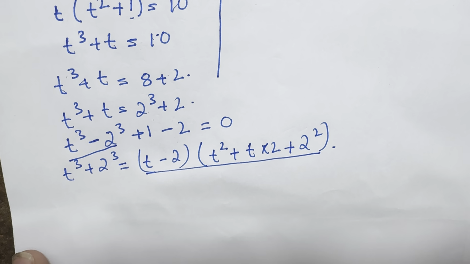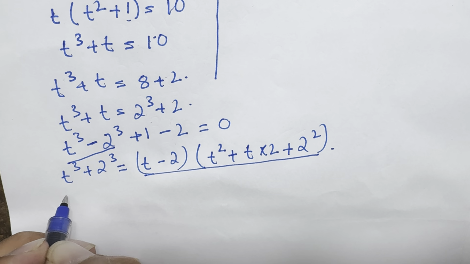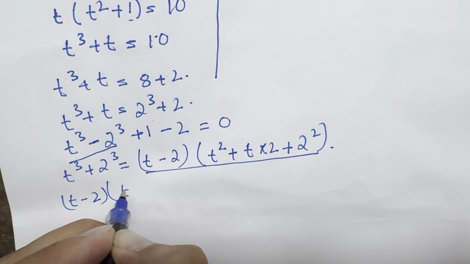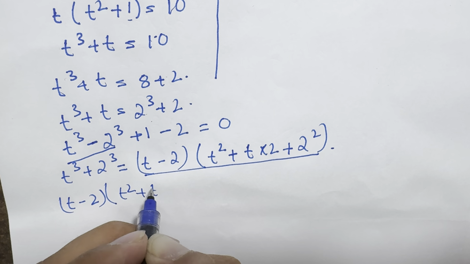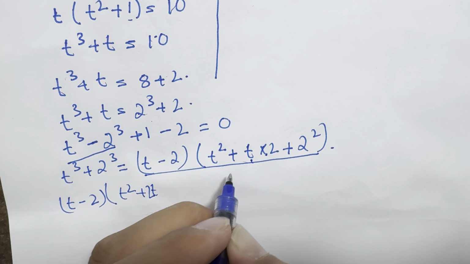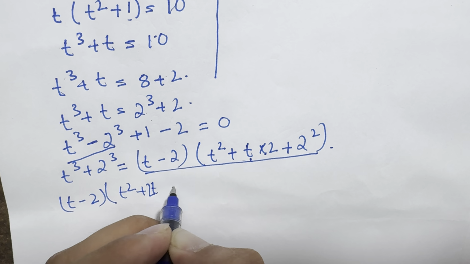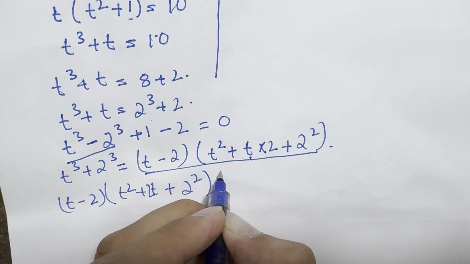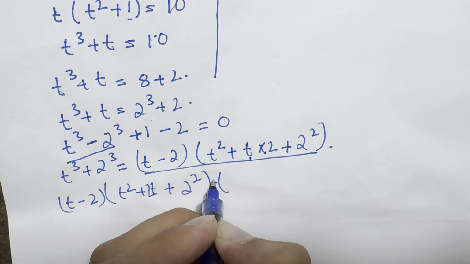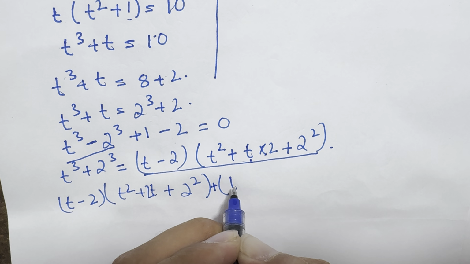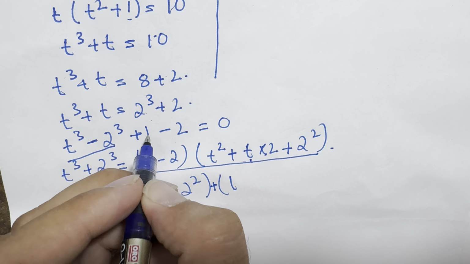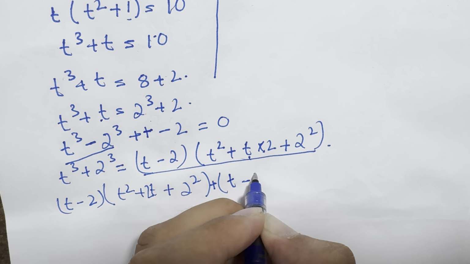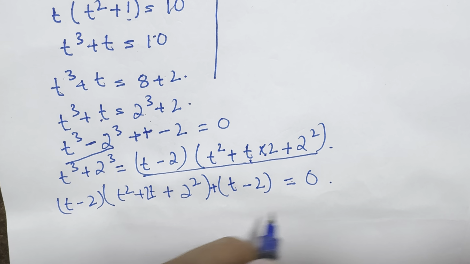So I can write here t minus 2 into t square plus 2t plus 2 square, which is equal to 4, plus t minus 2, so t minus 2 will become equal to 0.